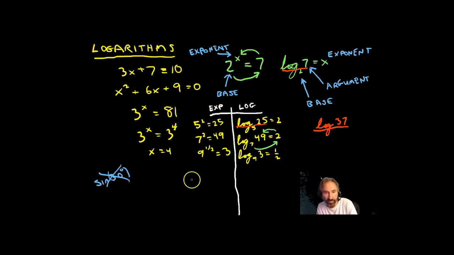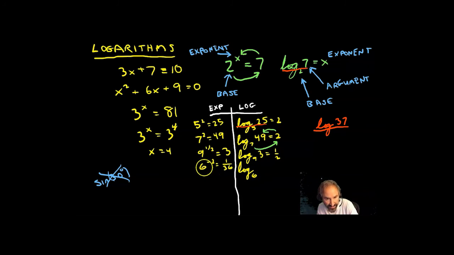Let's also try one with a negative exponent. What about 6 to the power of negative 2? That will be 1 over 36, also known as 1 over 6 squared. Let's go ahead and write that. That'll be log base 6.